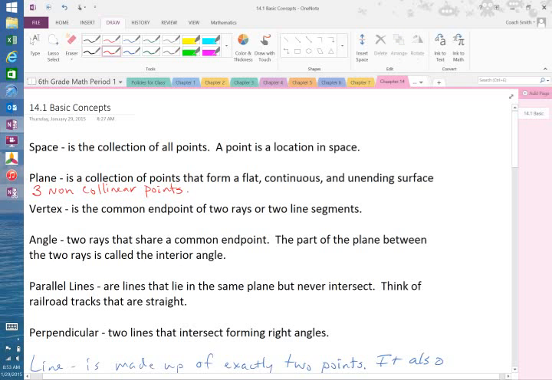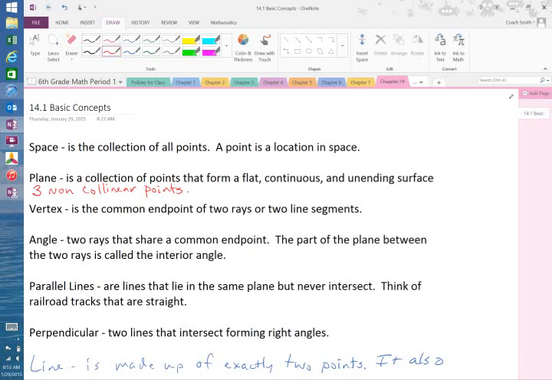Underneath that, I'm putting that it's made up of a collection of points, but it's 3 non-collinear points. There has to be at least 3 non-collinear. Non-collinear means this: 3 points that don't fall on the same line. Okay?